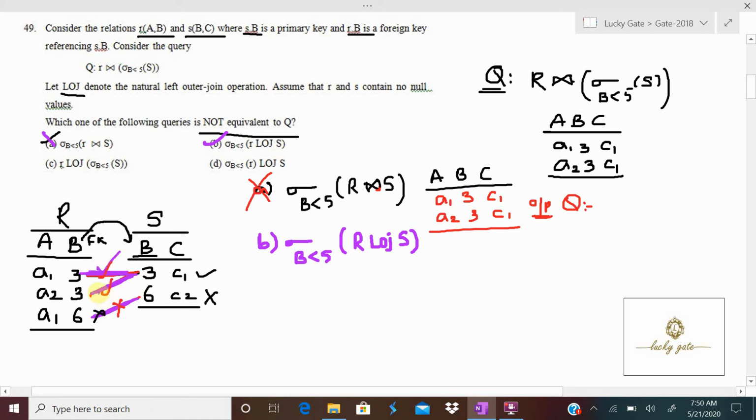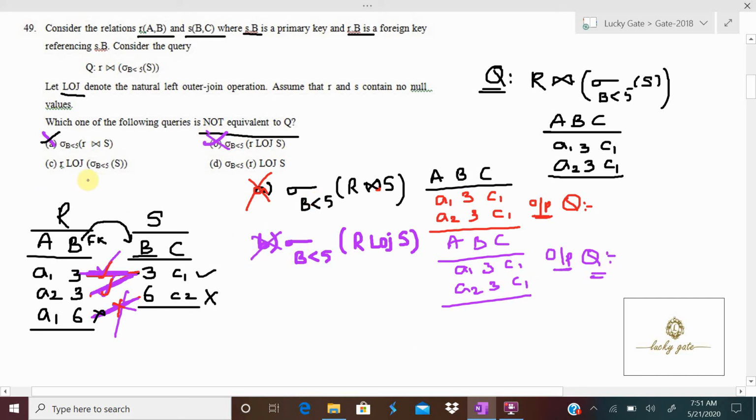So this is true and this is also true. This is false. So what output is it going to give? A, B, C, and it gives the same output A1 3 C1, A2 3 C1. So the output is same as the given query Q. So option B is also incorrect.